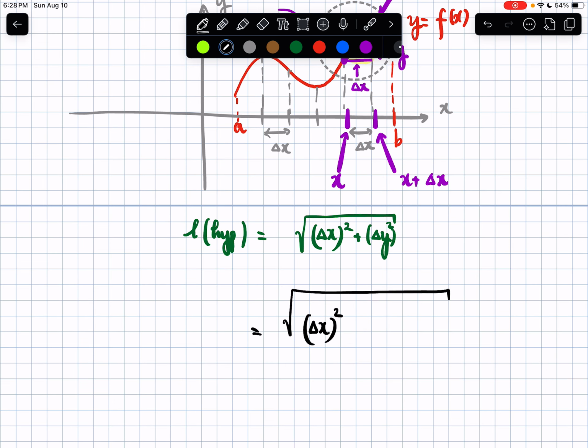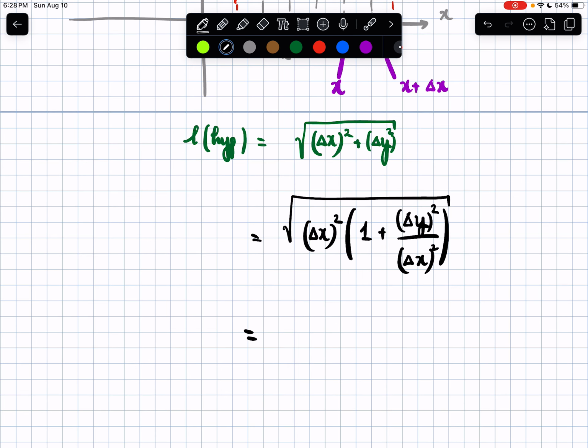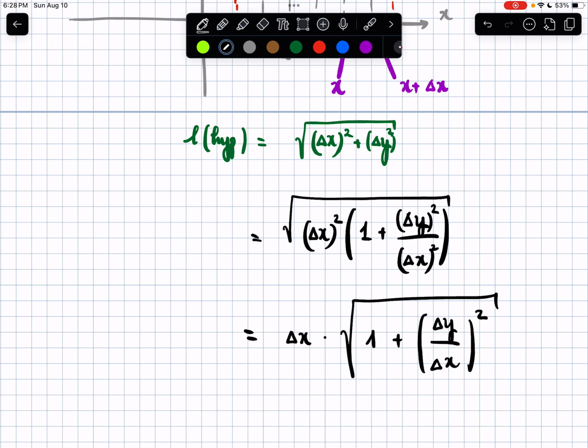Okay. Inside we have 1 plus delta y squared divided by delta x squared. And this one, we can bring delta x squared outside of the square root. What we have is delta x times the square root of 1 plus (delta y divided by delta x) squared.